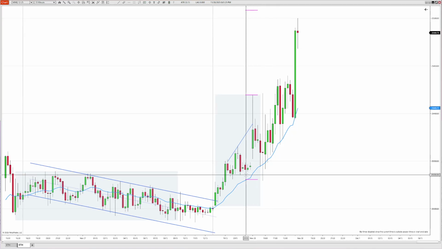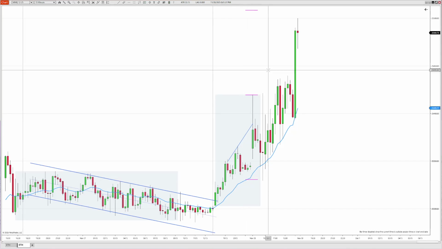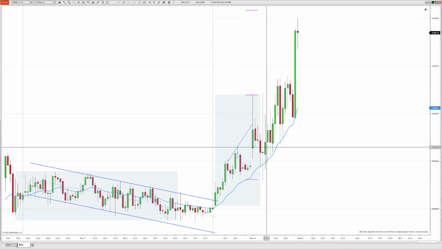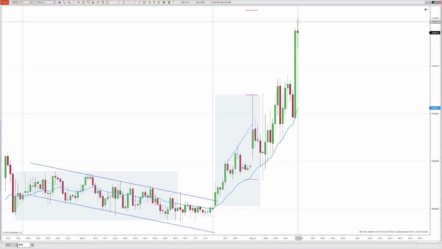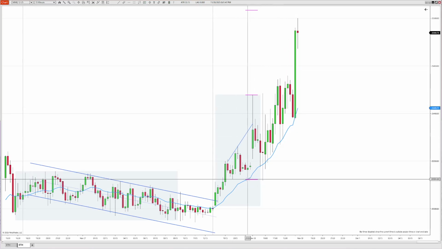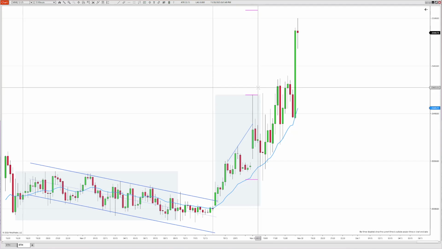So for people who are trying to find targets, they can find an entry and try and target somewhere up here. You can see the market almost got there.